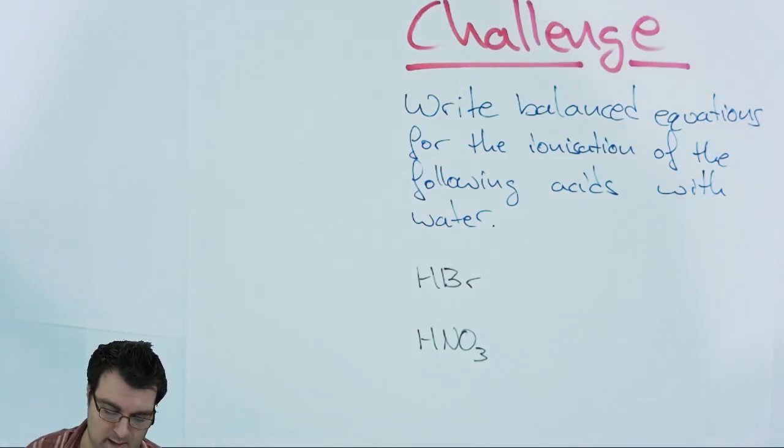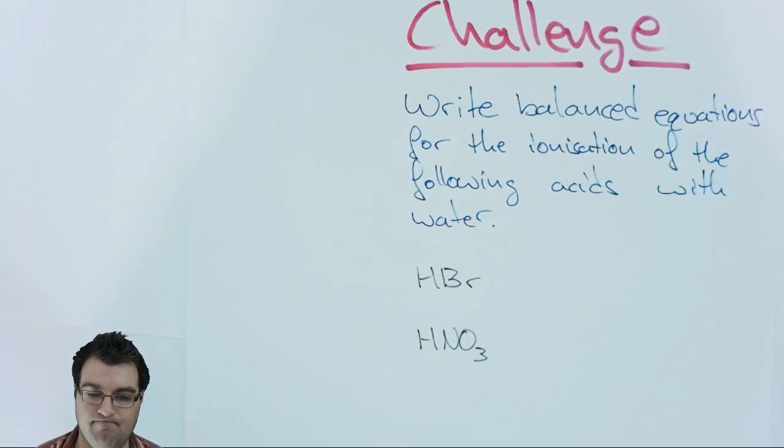And we're also going to take a look at nitric acid, in terms of how they both react with water in their ionization reactions. All right, so this is a challenge. Remember, hit pause, give it a go at home, and then I'll go through the answer. Don't forget to hit pause.